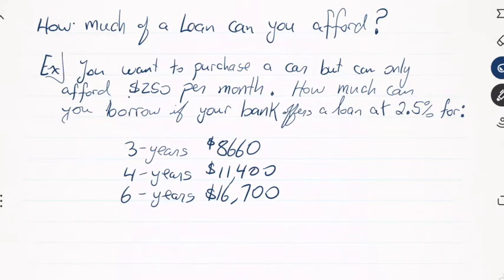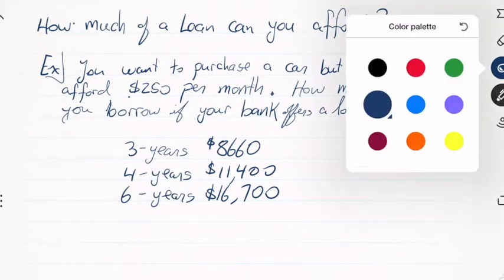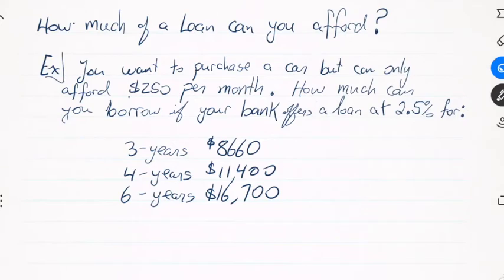All right, so now let's look at the other possibility. How much interest are you paying under each case? And are you willing to pay it? This also becomes kind of easy. For 3 years, we know our payment is $250, and we're paying it off over 36 months.